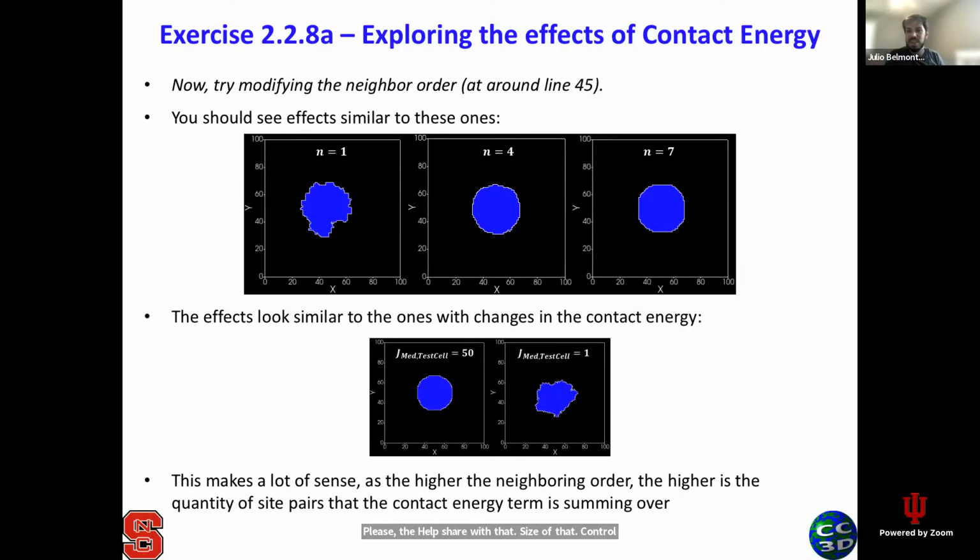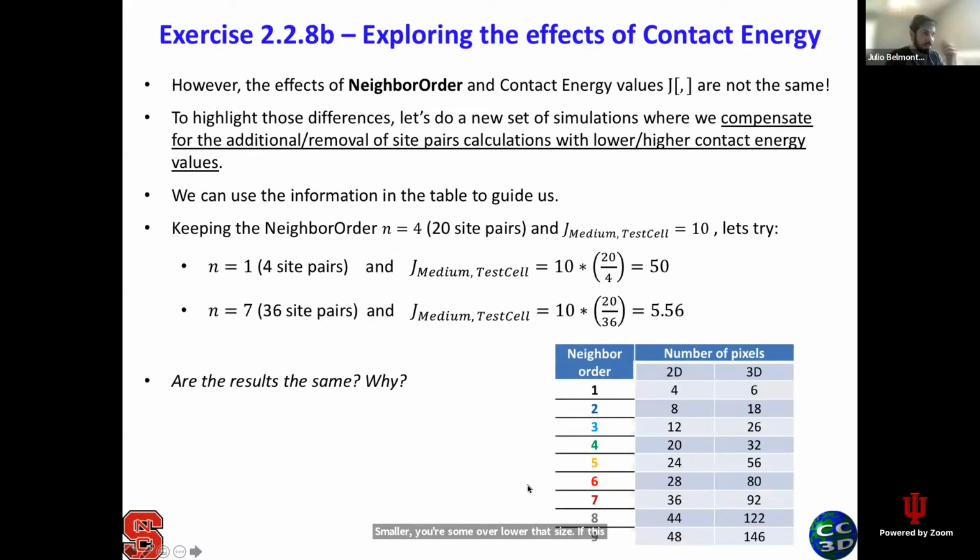So talking now about this size: when you make the neighbor order bigger, you sum over more lattice sites, and when you make the order smaller, you're summing over fewer lattice sites. If this is true, then there should be a way to compensate for this effect, right? Maybe that could be the next exercise.